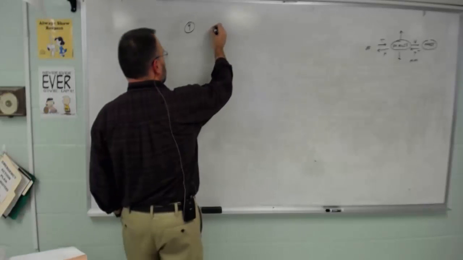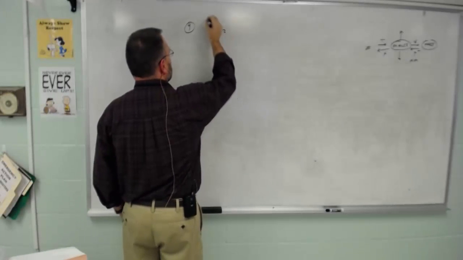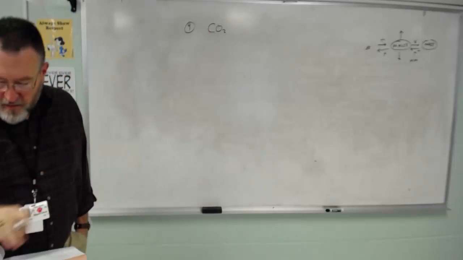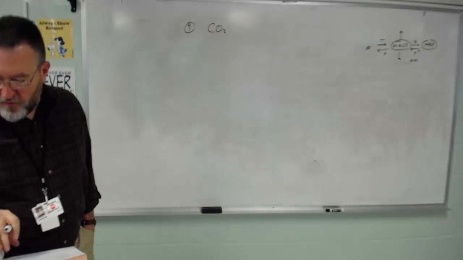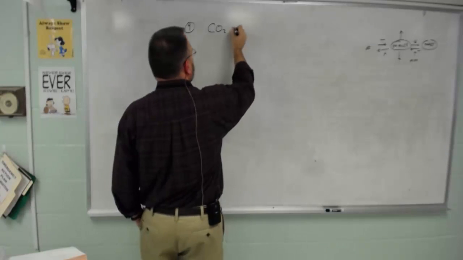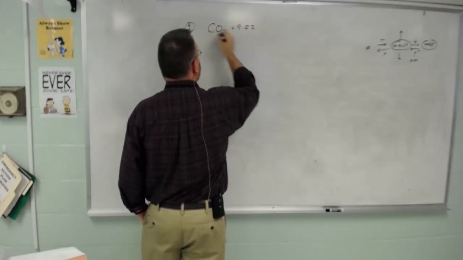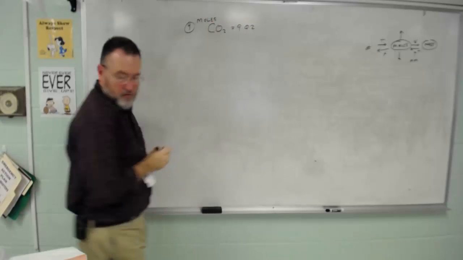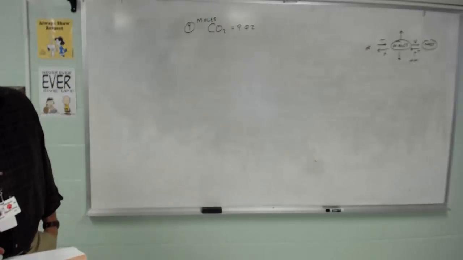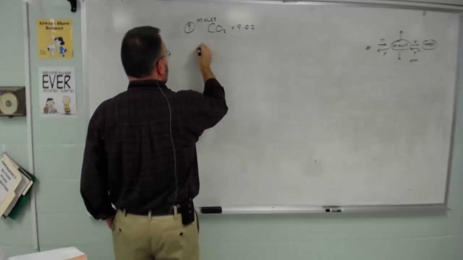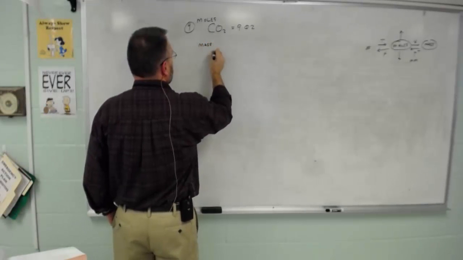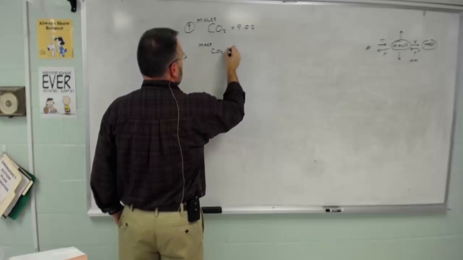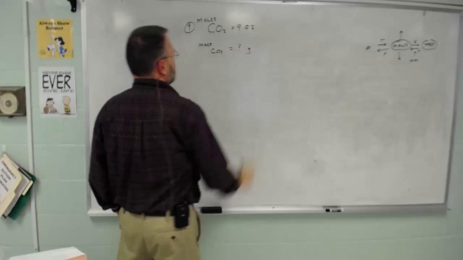Hopefully we know that carbon dioxide, we've seen it so many times, is CO2. Moles of CO2 is 9.02, and then how many grams? So the mass of CO2 is equal to how many grams?